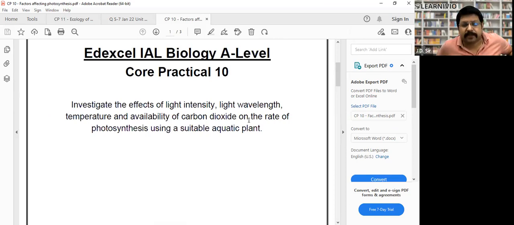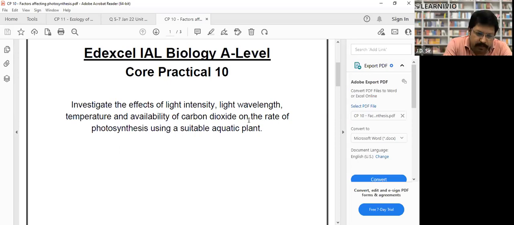What is the task? What is the objective? Right. The objective is we have to investigate the effect of light intensity, light wavelength, temperature, and availability of carbon dioxide on the rate of photosynthesis using a suitable aquatic plant.